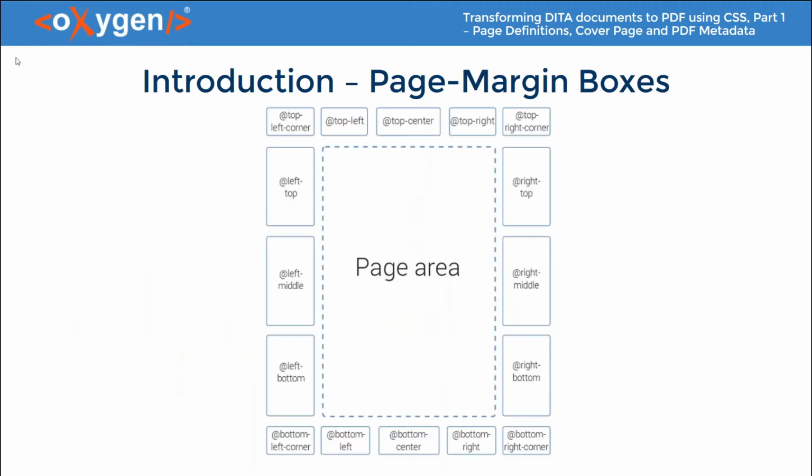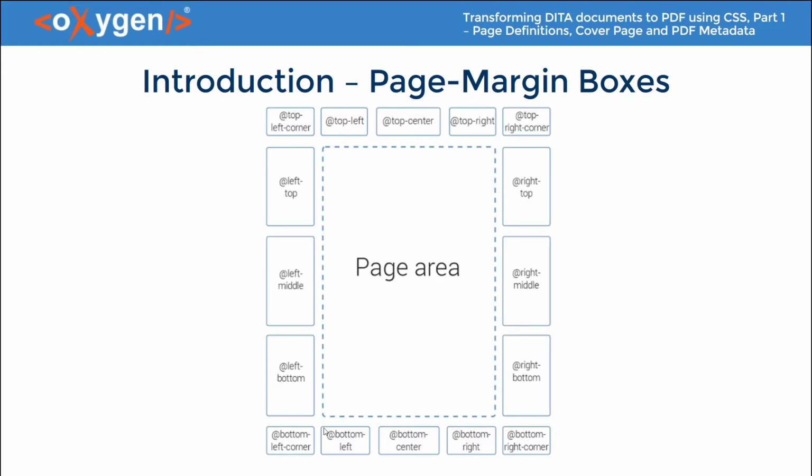So here is a more detailed schema of the page margin boxes. As you can see here, in the middle, this will become my PDF content area. So all my text from my original topic will be displayed in this area of my page.